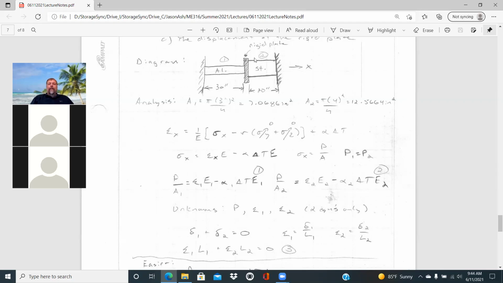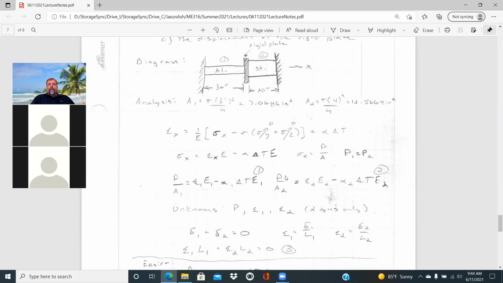What we would find if we did a free body diagram is that the internal force is going to be the same throughout. So P1 is equal to P2. And so with that, sigma, again P over A1, would give us epsilon 1 E1 minus alpha 1 delta T E1.